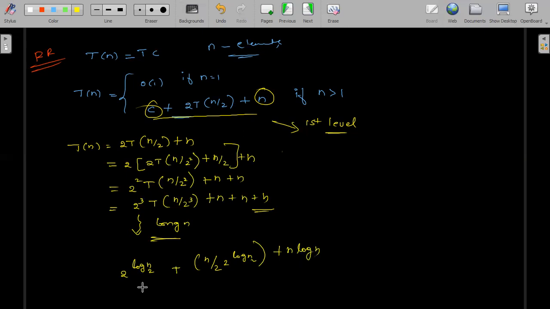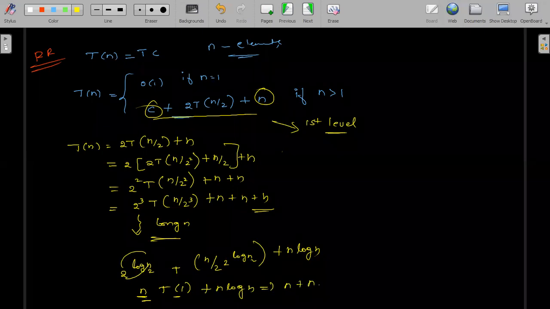So this will become 1, n totally, plus n log n. Again T of 1 here, T of 1 plus n log n. If you have any doubts, it will become 1. So after that, n plus n log n.